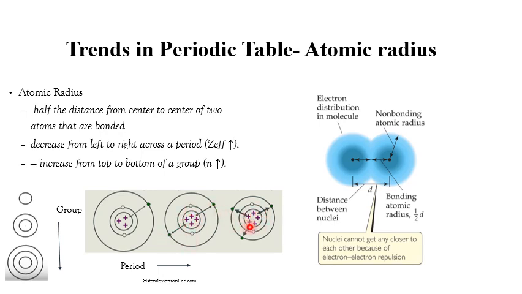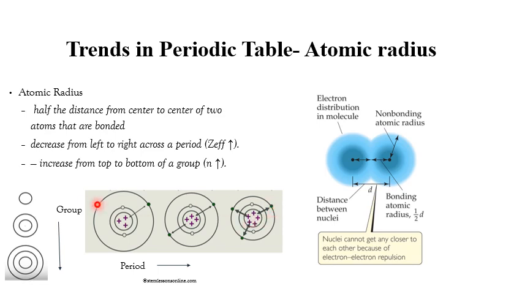And the next element will have 5 protons and 5 electrons. So what happens here is the effective nuclear charge is increasing. So that means the proton number is increasing. So the attraction between the nucleus and the outer electron increases because we have more protons there, right? So what happens? The size decreases.